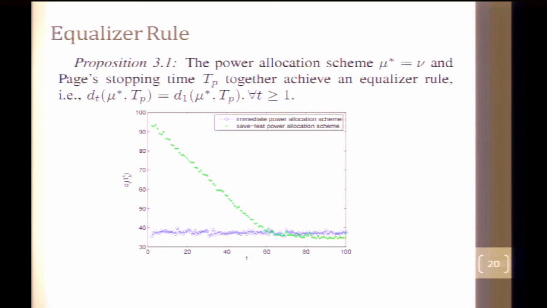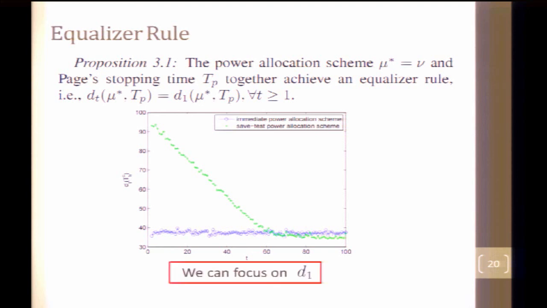And this is what's happening. We show that our scheme, this greedy plus CUSUM, is actually an equalizer, which gives some indication that this might be a good rule to follow. And indeed, this is the main reason why this kind of simple rule is good for the problem we consider.